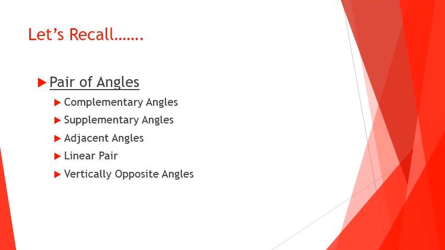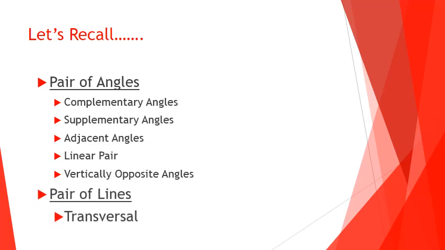That is, if two lines are intersecting, then two pairs of vertically opposite angles will form. And these vertically opposite angles are equal in measure. Out of the two pairs, one pair of vertically opposite angles will be acute angles and the other pair will be obtuse angles.